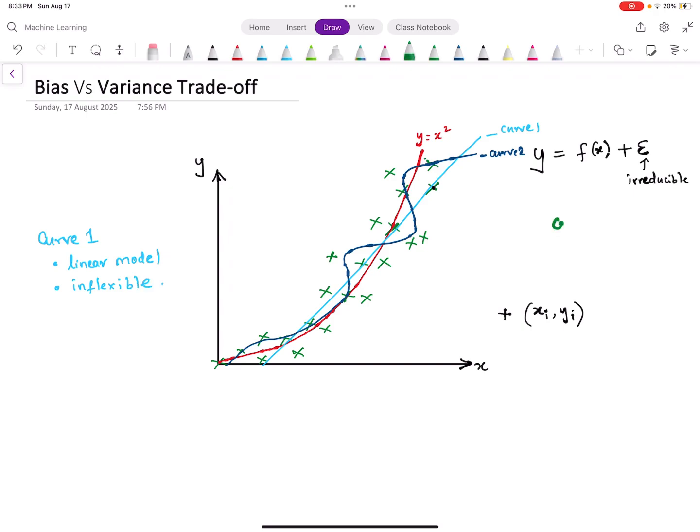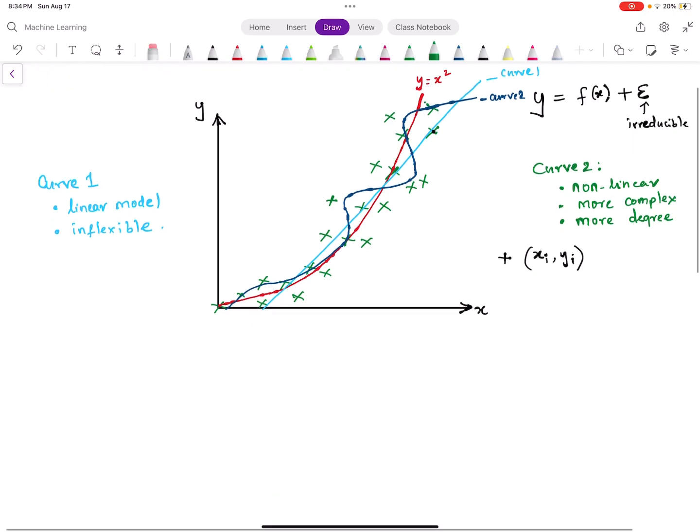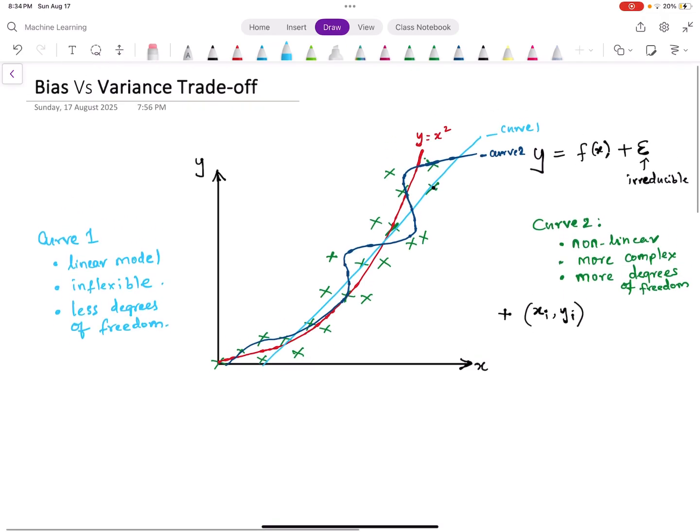Curve 2 is more complex, nonlinear, and has more degrees of freedom, as it is trying to fit the various changes in the data. Okay, so these are our two choices.